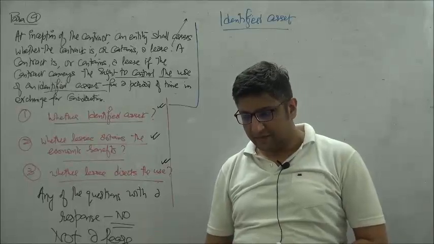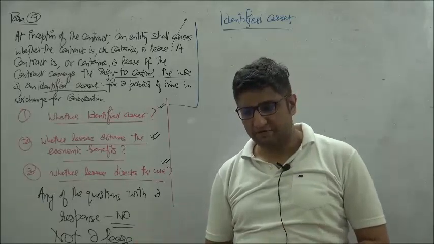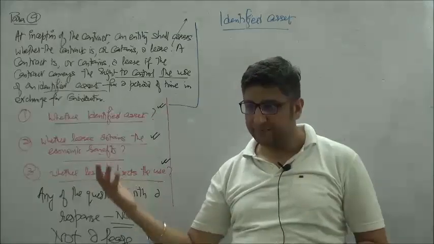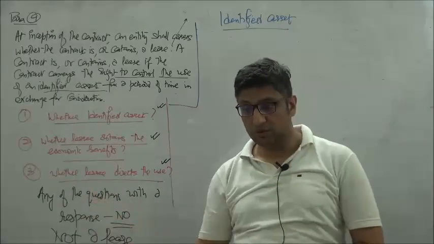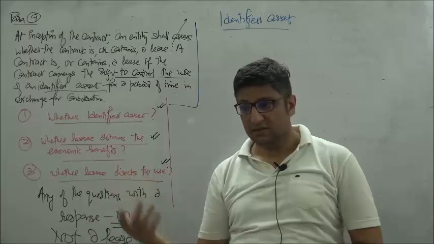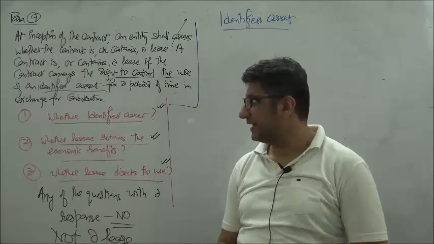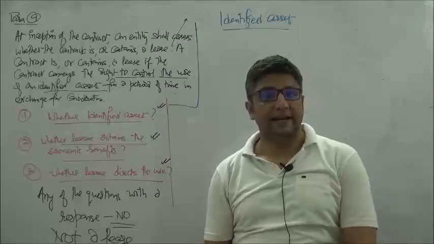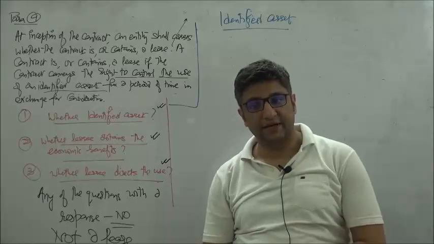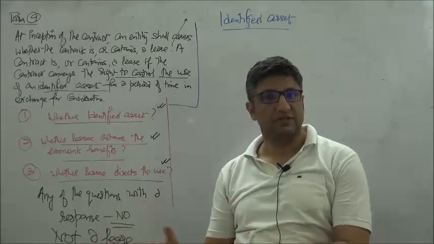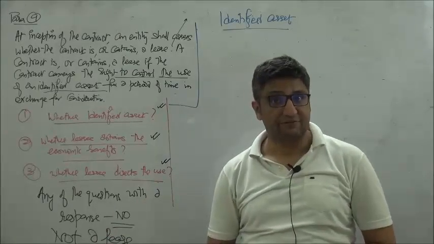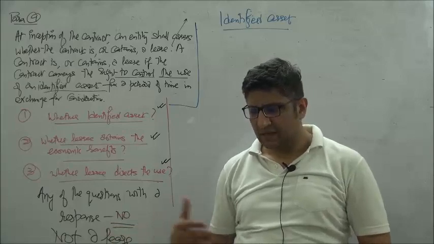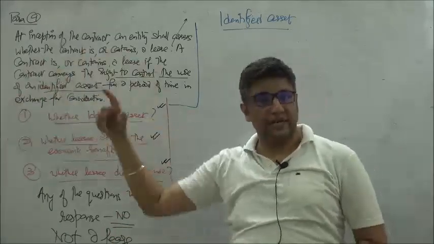It could be a very simple example wherein I say that, look, I will take a particular machine from you on a lease for a period of 3 years, and I shall pay you the rentals for the use of that. But I only need this particular machine, right? Now this machine becomes an identified asset for me, which means I'm not allowing you to change it at your discretion.